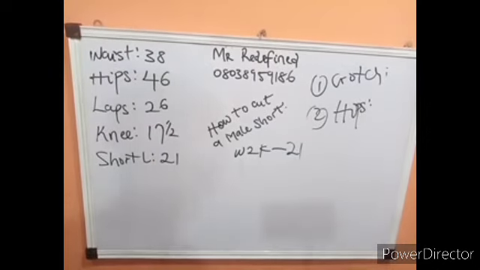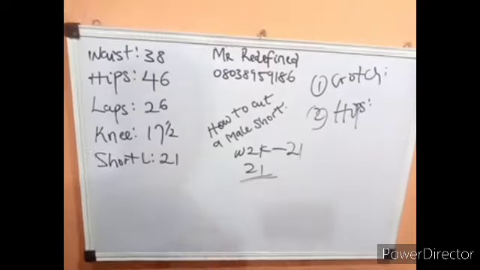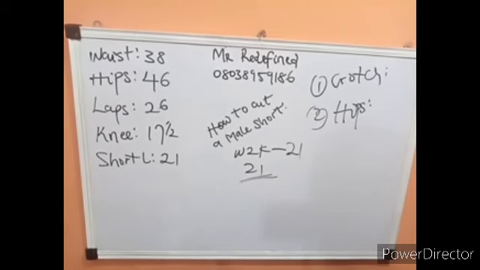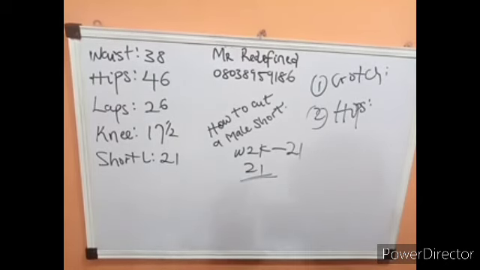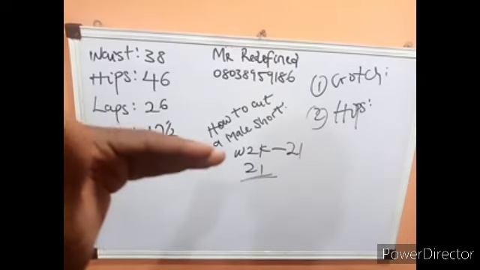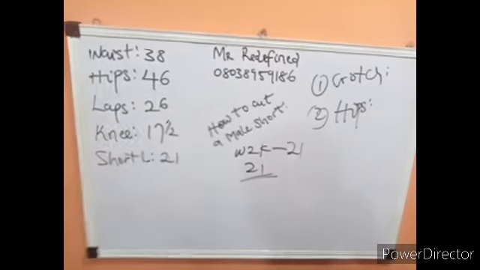Most people will want their short to stop before the knee or on the knee. So if your short measurement is 21 and your knee is 21, that means your short and your knee are tallying. I will take my time to explain how to go about all these processes.